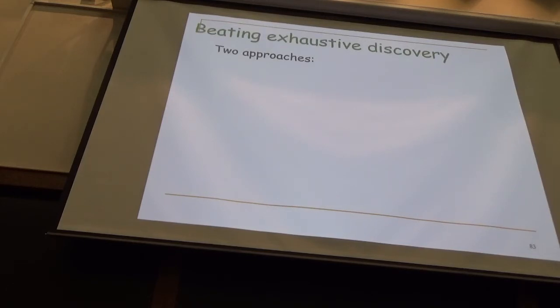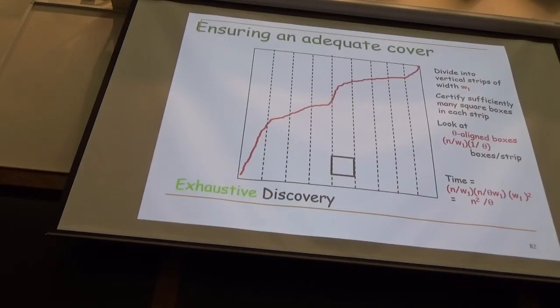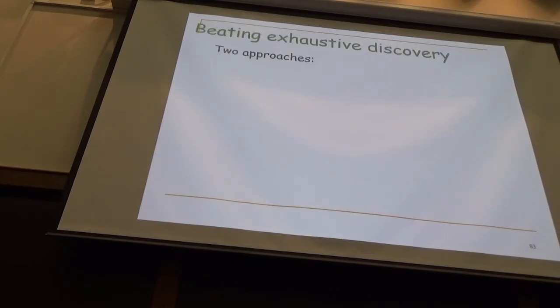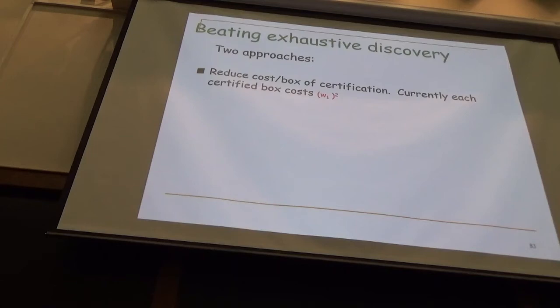That's an exhaustive approach. If you count up the number of boxes we have to look at, the number of boxes you get is like n over w1 squared. And for each one you have to solve an edit distance problem, which costs w1 squared. The overall cost is more than n squared, so that's not so good. And we're going to try to beat exhaustive discovery in 2 ways.